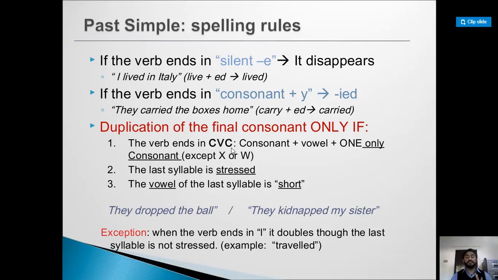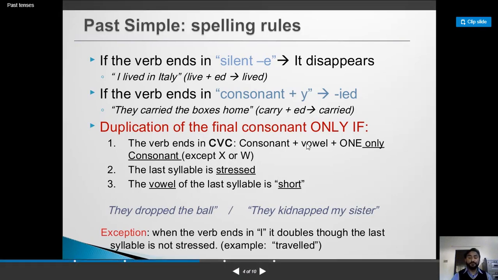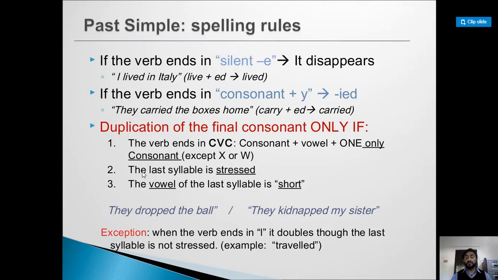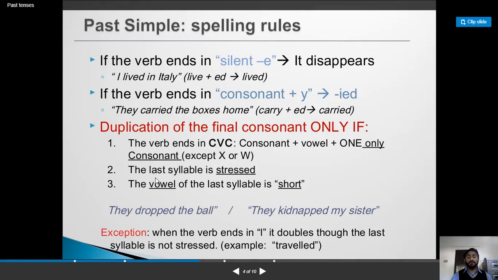When there is a CVC pattern of syllables, you double the consonant, except for X or W. These are the exceptions. When there is X or W, this rule will not apply. Here the last syllable is stressed, and the vowel of the last syllable is short, for example stopped, S-T-O-P-P-E-D.